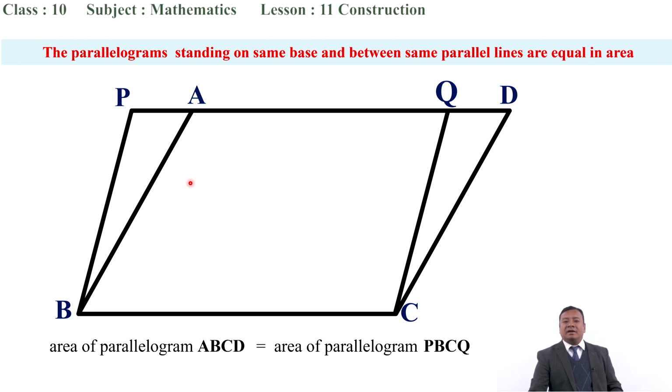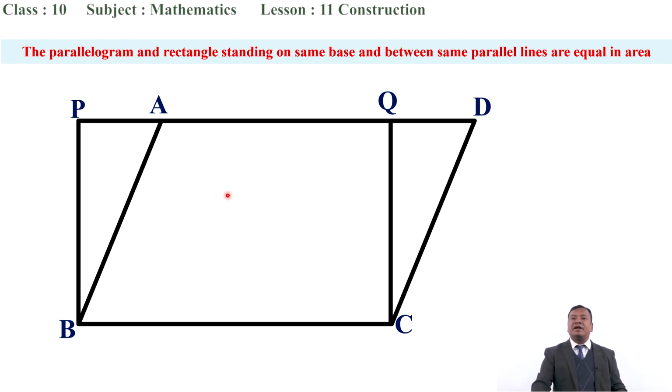We know that there are different types of parallelograms also, right? They are rectangle, square, rhombus; it may be any. So if one is a given parallelogram and another is a rectangle, then we can say that here ABCD is a parallelogram and PBCQ is a rectangle.